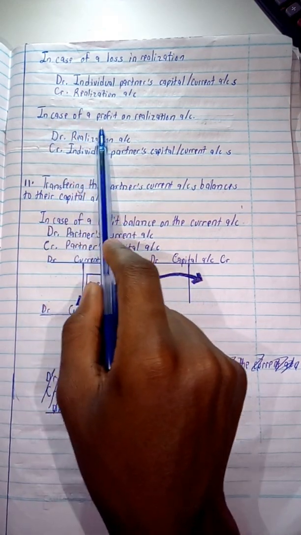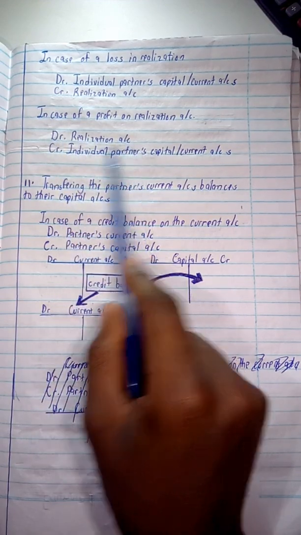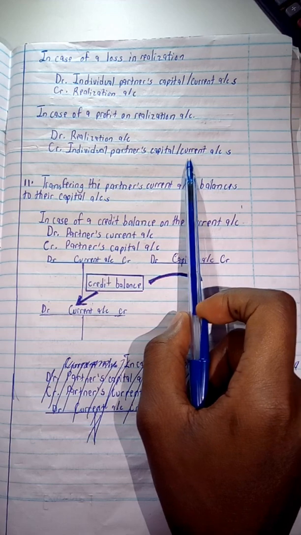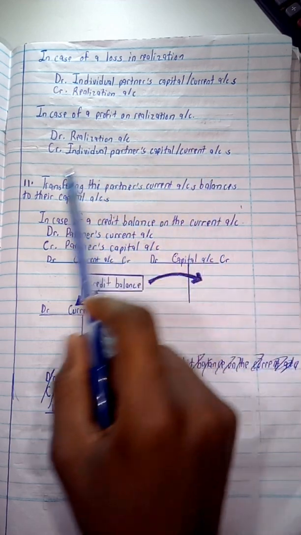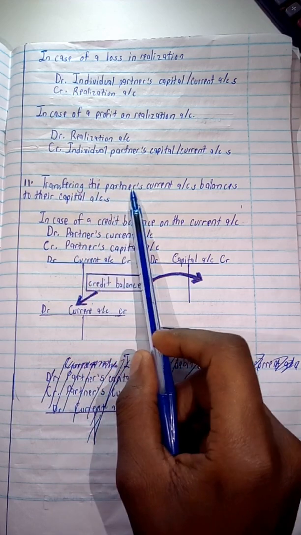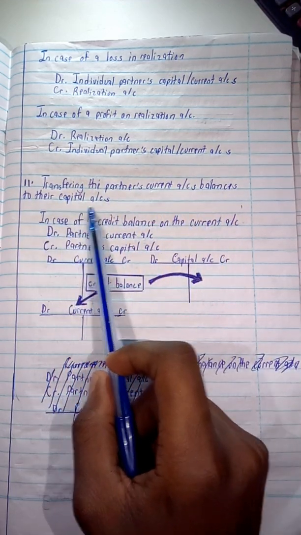In case of profit on realization, I'm going to debit the realization account, and then I credit my individual partners' capital or current accounts. So for accounting entry 11, transferring the partners' current account balances to their capital accounts.